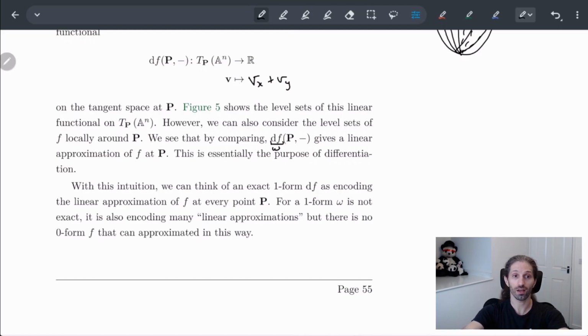If a one form is not exact, then it can still encode many linear approximations, but there's just no zero form f that can be approximated in this way. There's not some function that this is approximating precisely, but it could be doing many different linear approximations in some other way.